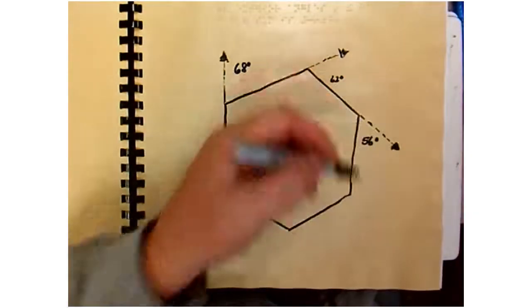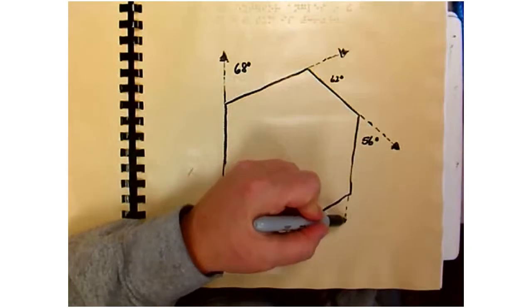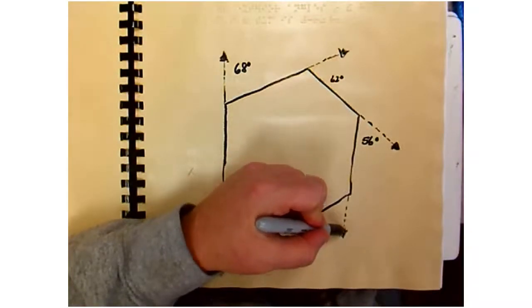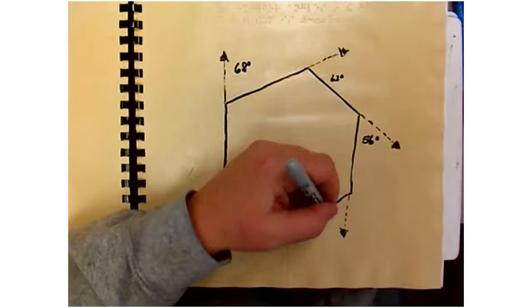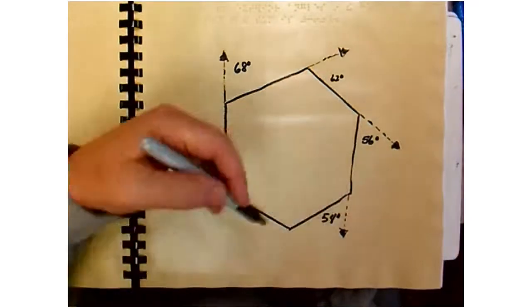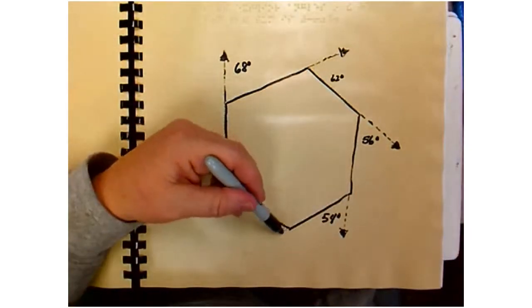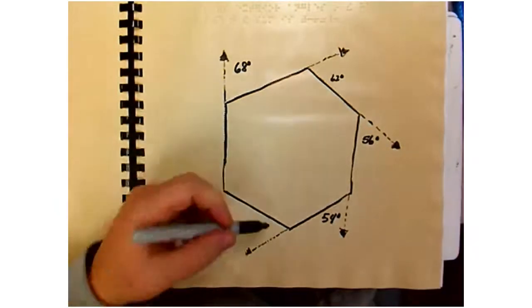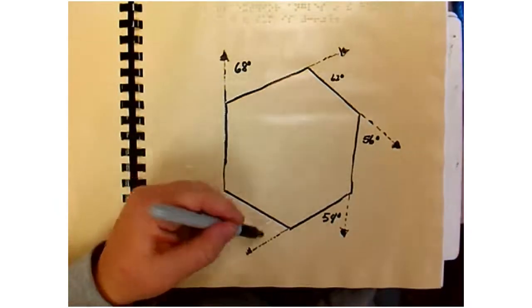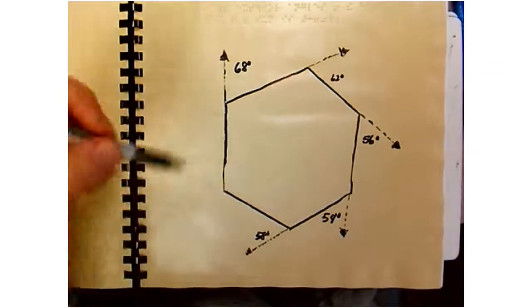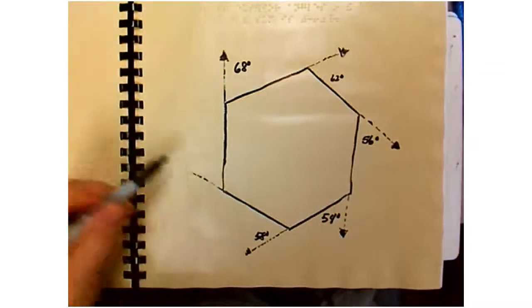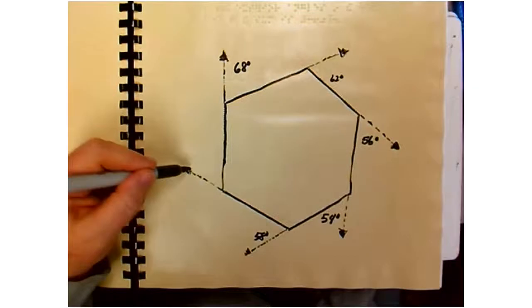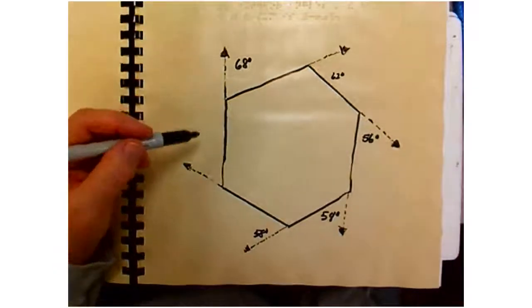Then you go down to the very bottom right, and they've extended that side, and that exterior angle is 54 degrees. And then they extend the very, very bottom angle, and that exterior angle is 58 degrees. And then they extend the angle on the right, and that exterior angle is 62 degrees, right? Did we get it all?